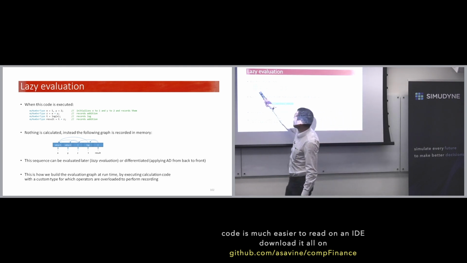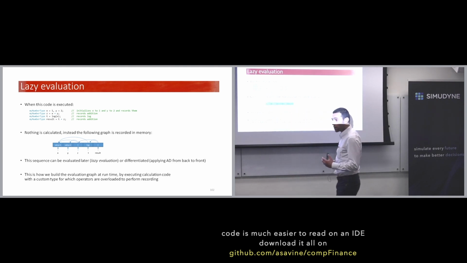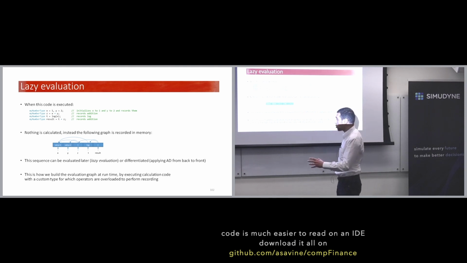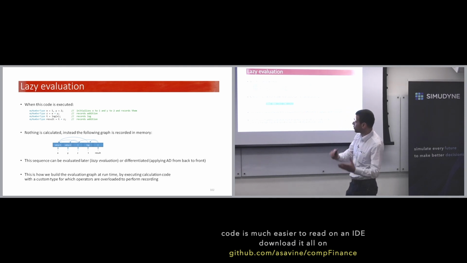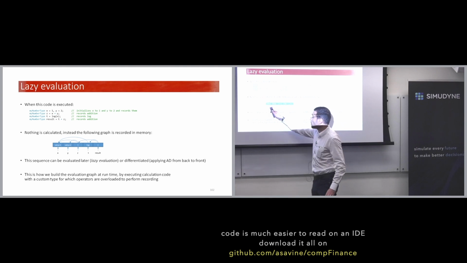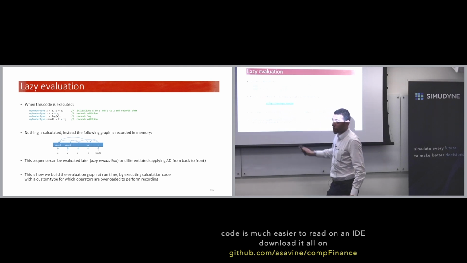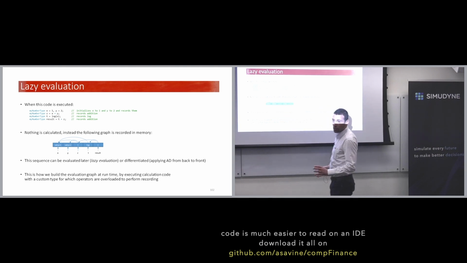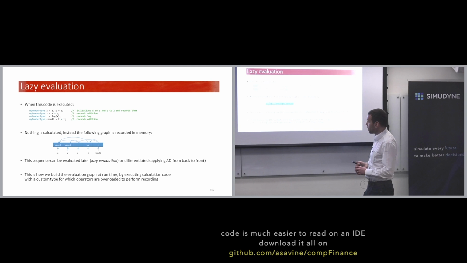This code looks like a calculation code, but it doesn't calculate anything because it goes through operator overloading. It doesn't apply the standard operators, it applies the overloaded operators, and we programmed the overloaded operators to record stuff in memory. So instead of executing this code, it registers the sequence of operations on the evaluation graph.